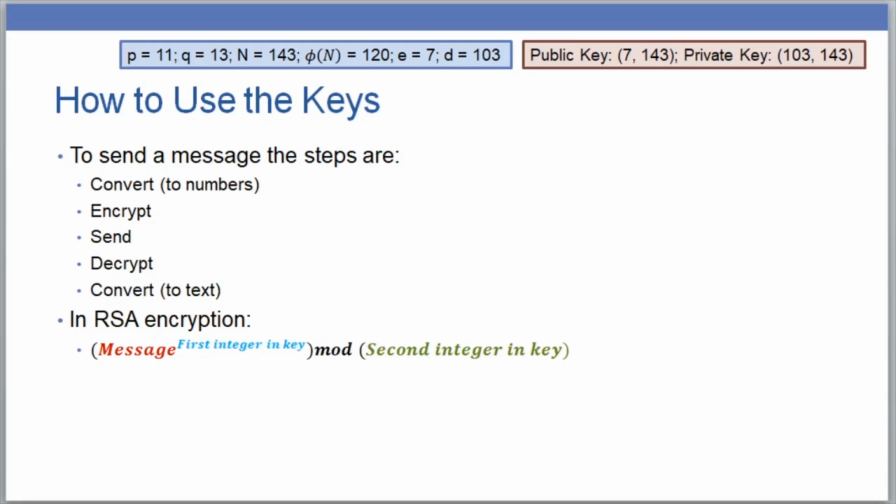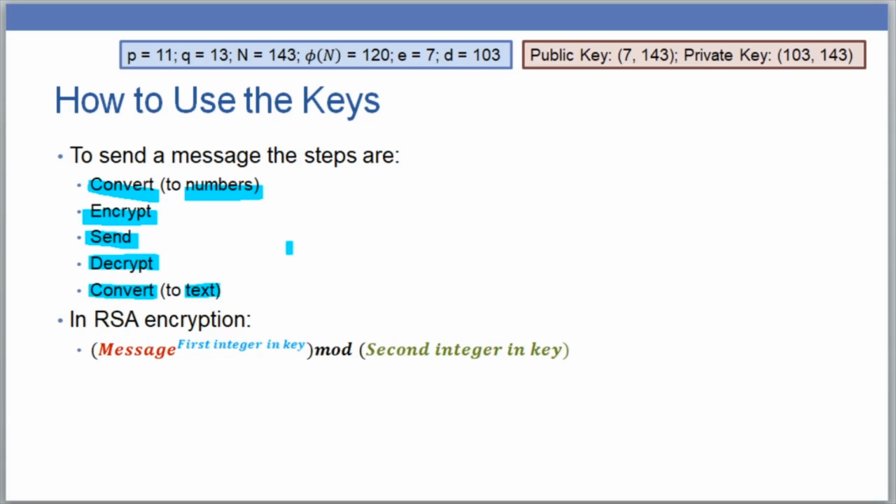Now you might be wondering how these keys can then be used. In order to send a message using RSA encryption, first the message must be converted into a series of numbers. This is then encrypted with the public key and sent to the receiver. They can then decrypt it with their private key and convert it back into letters.